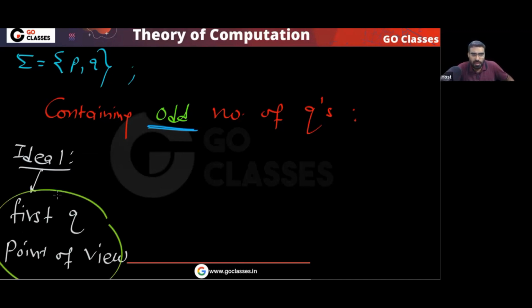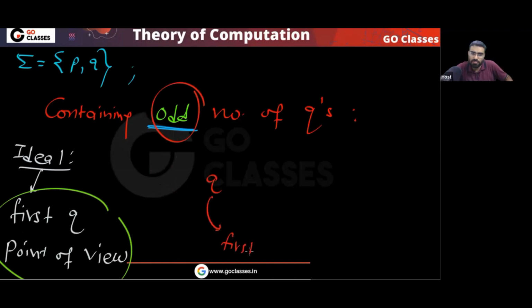Notice, if you have odd number of queues, can you guarantee there is a first queue? Let's assume this is the first queue. If this is the first queue, what is on the left of it?